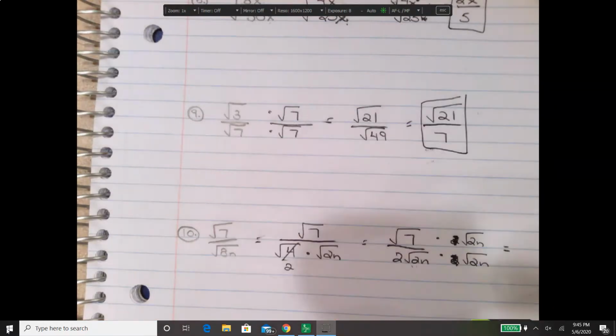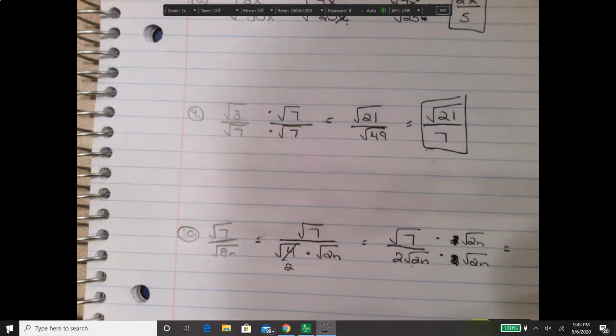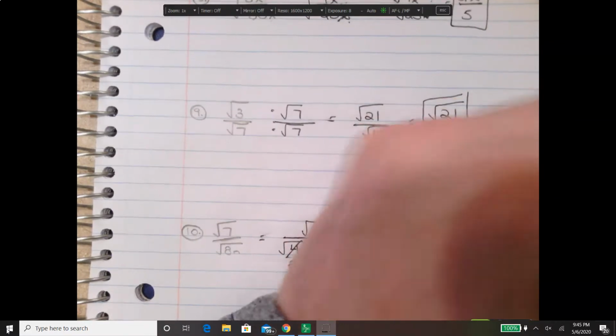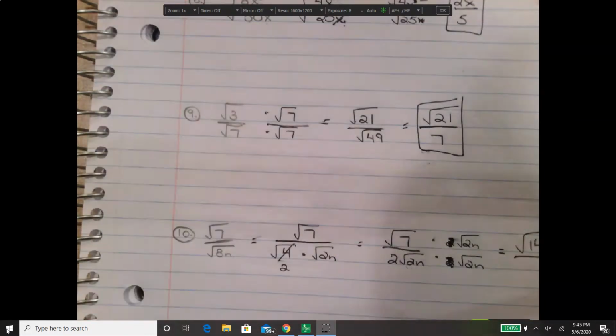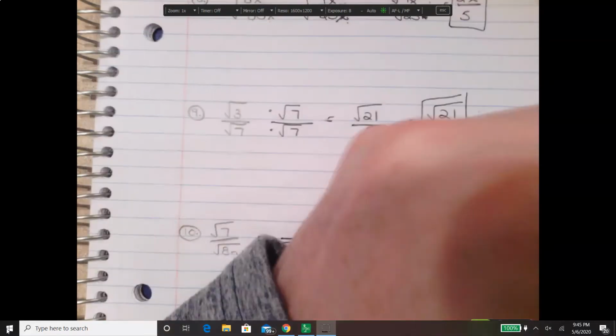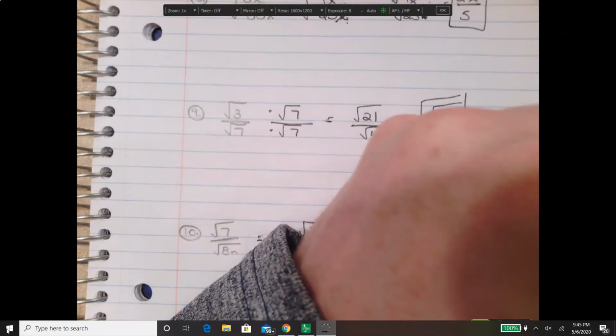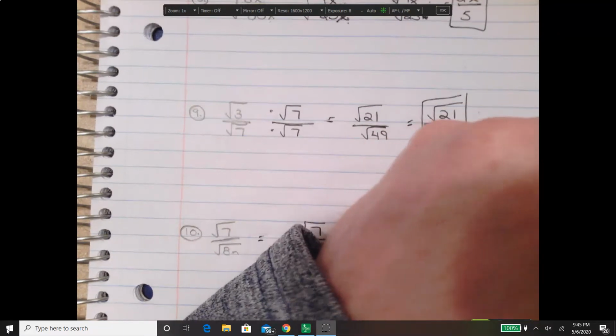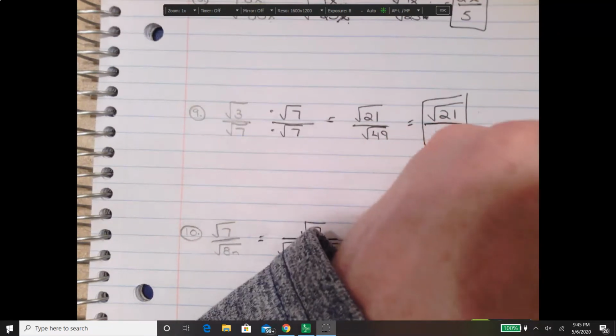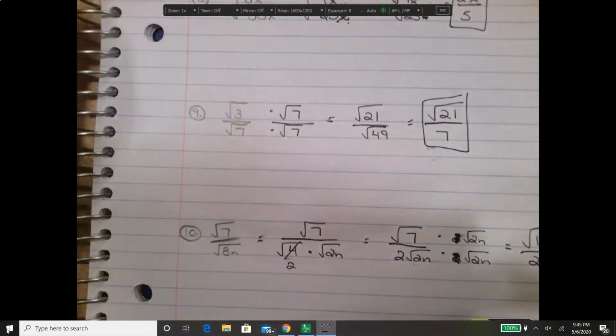So the top is going to turn into radical 14n. And then my denominator is going to turn into 2 times radical 4n squared.